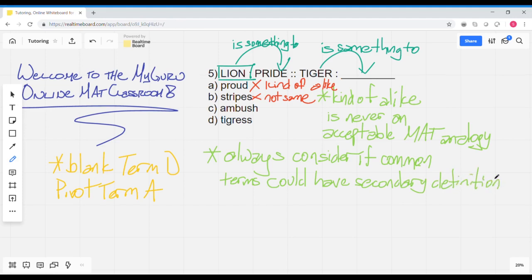Because tigress would be a female tiger, right? So we may use the little squiggle here to hold on to ambush for now.